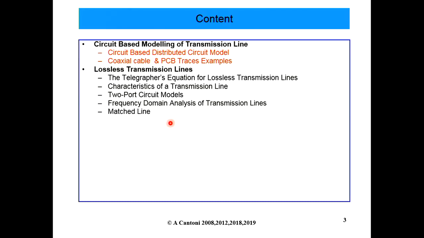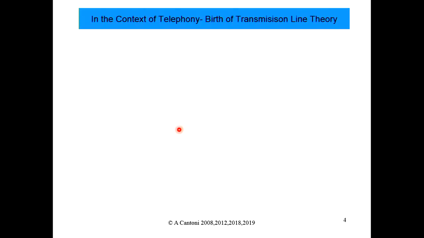I don't know if some of you have done the lab, you would have seen that if you put a 50 ohm load on that coaxial line, it becomes very simple. If you put something else on the load, then everything becomes very complex and very difficult to interpret. So when you put the 50 ohm load, it's called a matched line, and that's something we can analyse quite easily. Then we'll look at time domain analysis of lossless transmission lines.